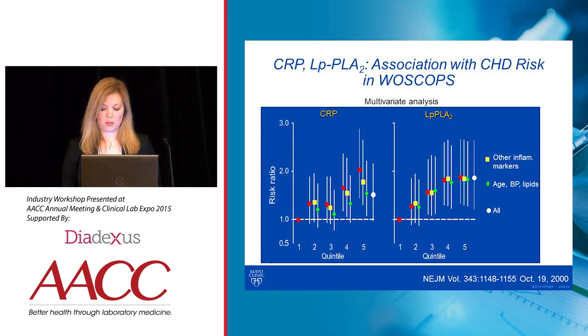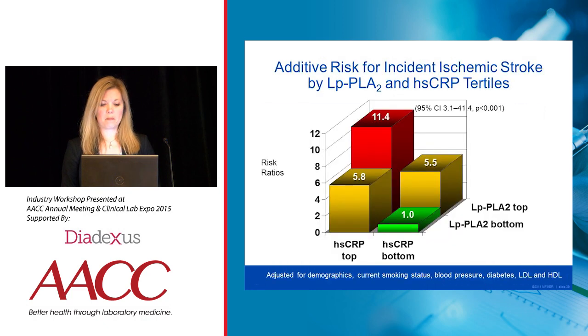So this leads to the idea that LP-PLA2 may be a little bit more specific for cardiovascular-related risk prediction than the more systemic inflammatory marker, CRP. And that was for coronary heart disease.